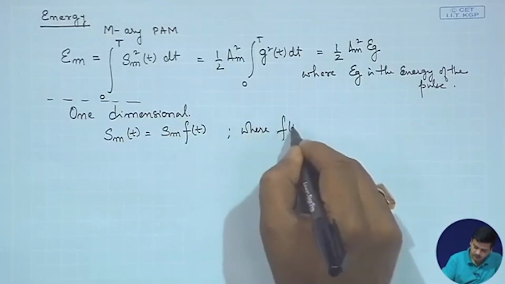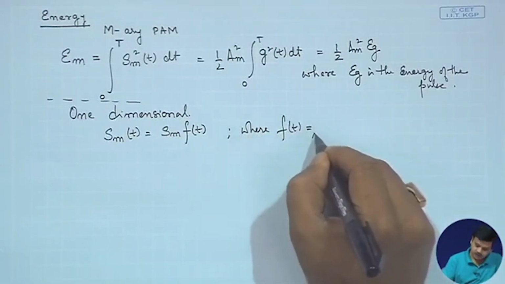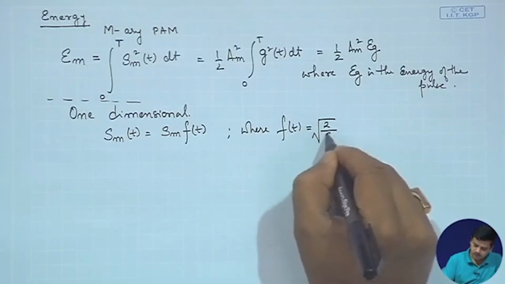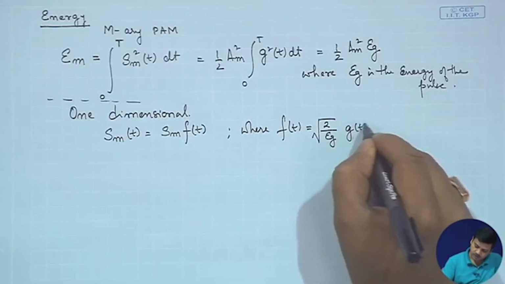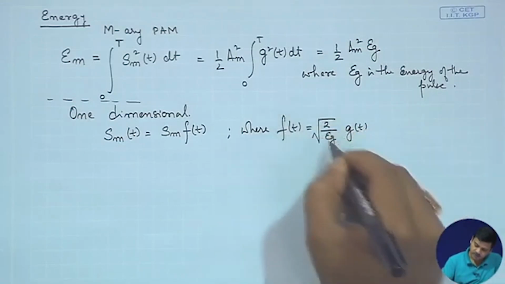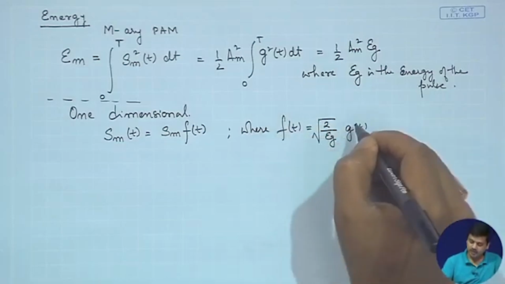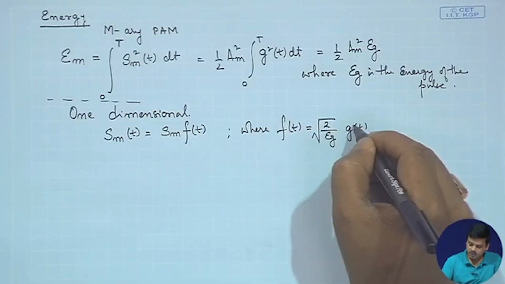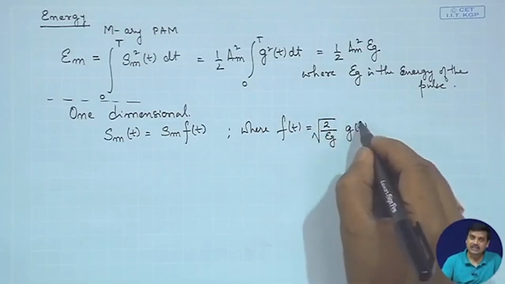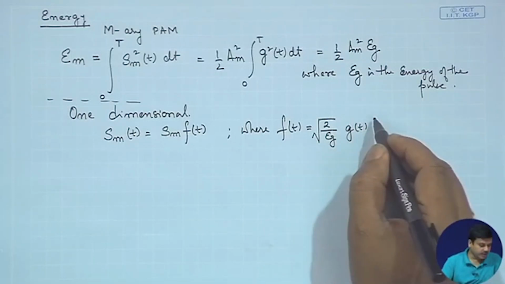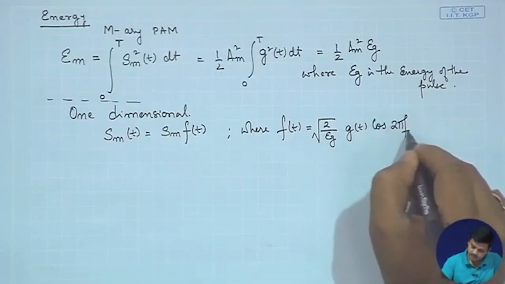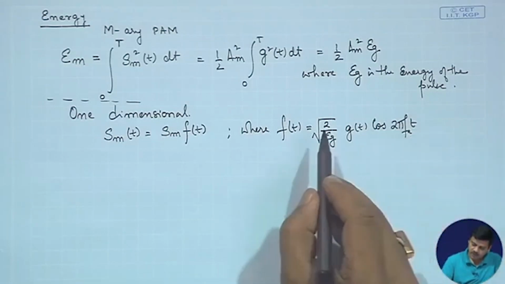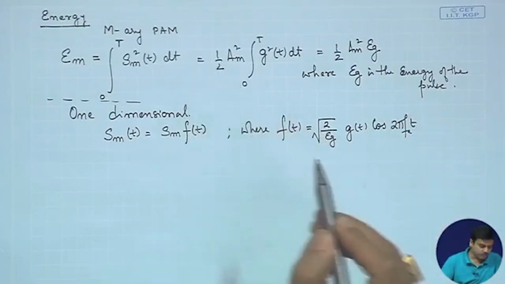And we could say where f(t) is the function root over 2 by Eg, because we are normalizing the energy, because if you take f(t) squared, you are going to get Eg in the denominator, and this will be g(t) squared. If you would integrate, you are going to get Eg in the numerator, Eg in the denominator, and they would cancel out each other, cos 2 pi fc t, and this would cancel out with this half.